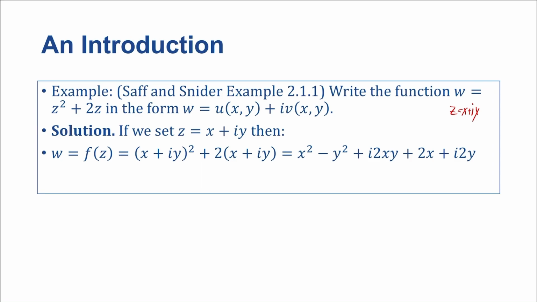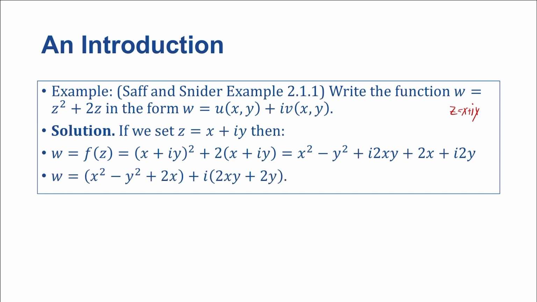And when we do this, we are going to FOIL out the first one. We remember how that works. We get x squared minus y squared plus 2ixy. And then we just distribute, getting 2x plus i times 2y. And now it's only a matter of factoring by grouping, taking the real and imaginary parts and putting them together.